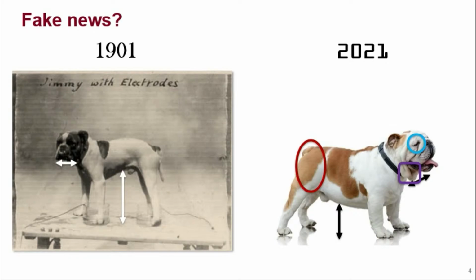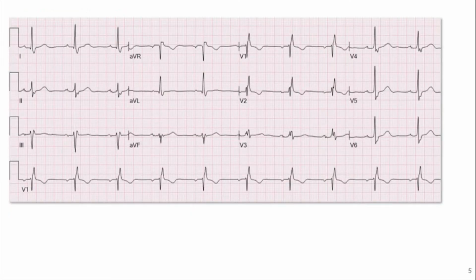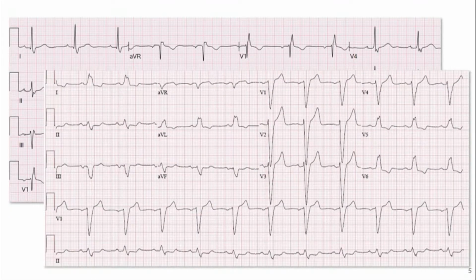Now, you can see this in an instant because the signal processing power of your brain is integrating numerous sets of information. This is very similar to how we look at EKGs. Let's explore some examples. Here we see the example of right bundle branch block, and here is another EKG of a left bundle branch block. That pattern is immediately visible to many of us looking at the images.